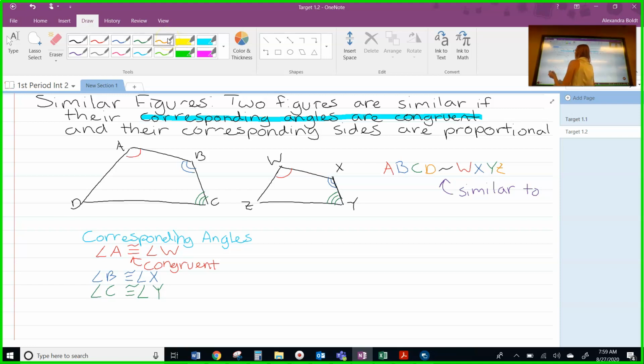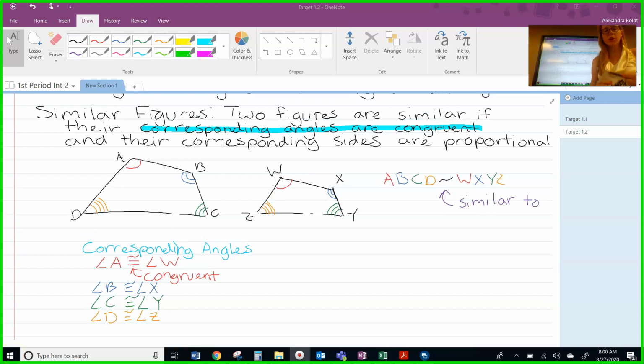And angle D is congruent to angle Z. I always put a line through my Z's. It differentiates them from 2's. Okay, so those are our corresponding angles.